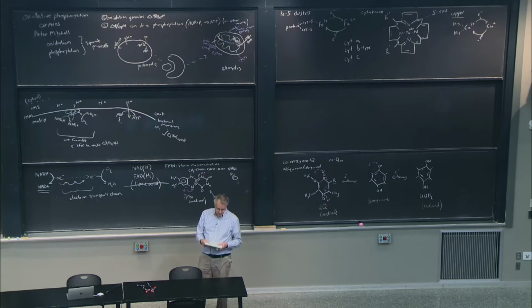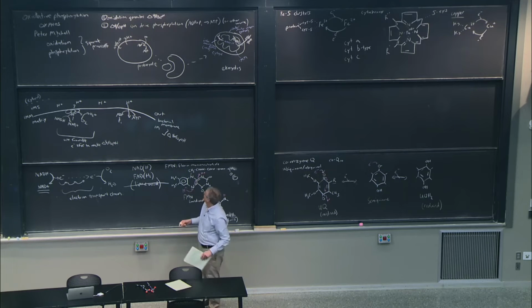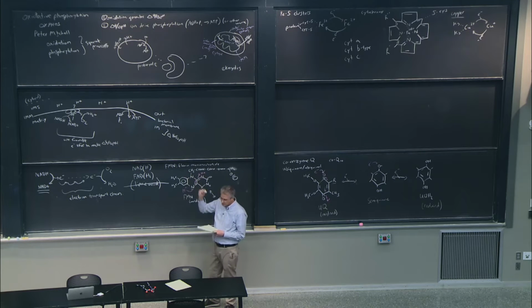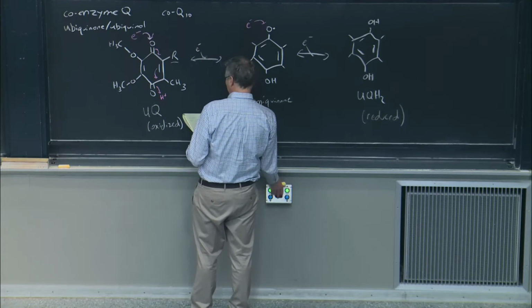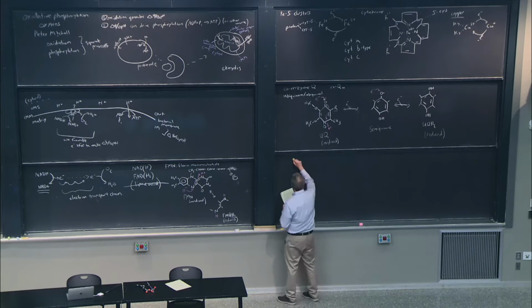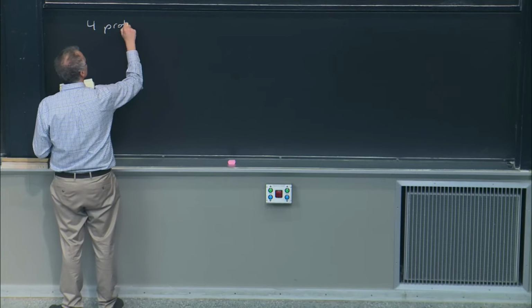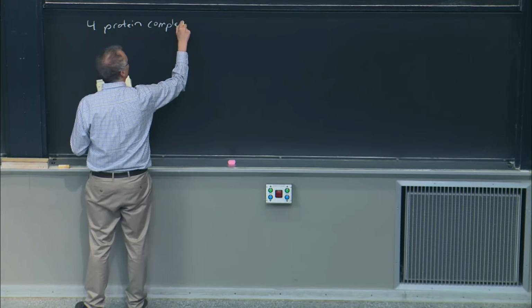All right, so this process occurs again at the bacterial membrane or the inner mitochondrial membrane, and in animals and most organisms operates with 4 large multi-subunit protein complexes.